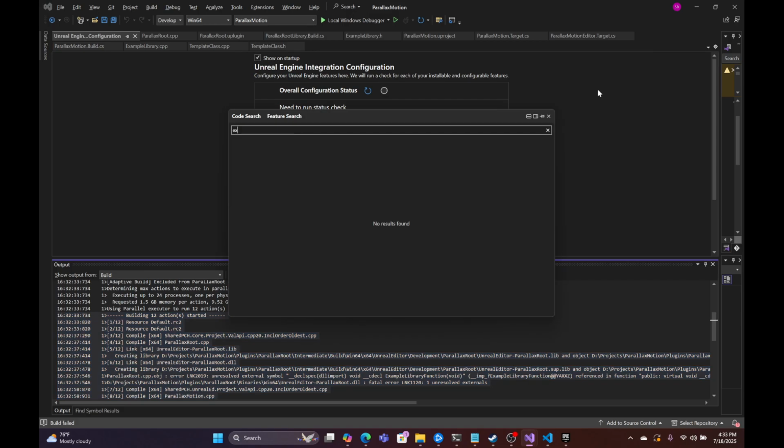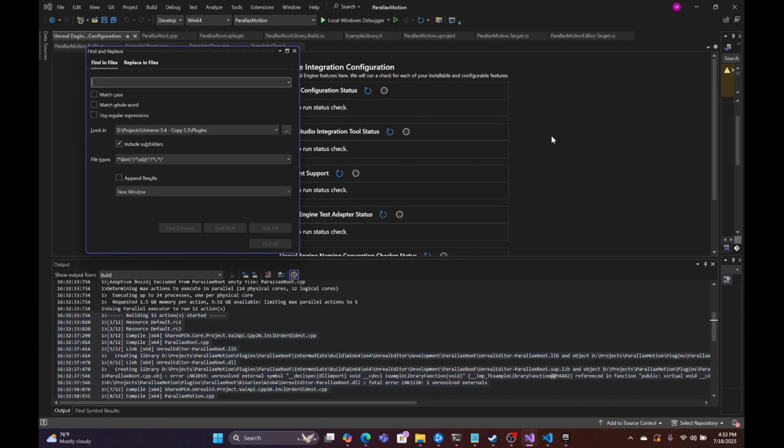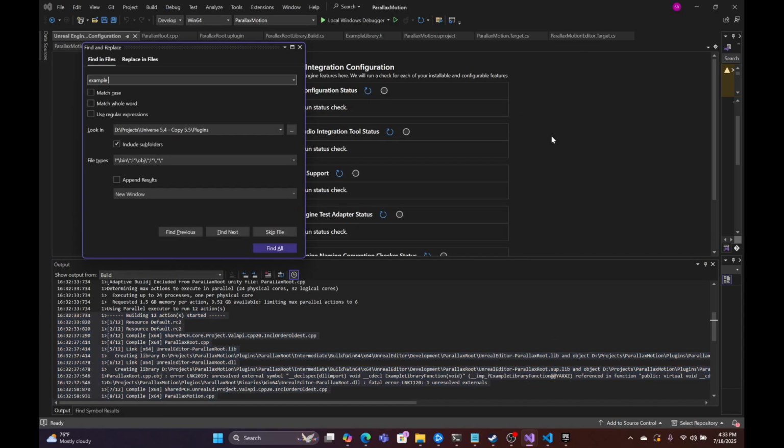Okay. Excuse me, Control Shift F. Sample library function.